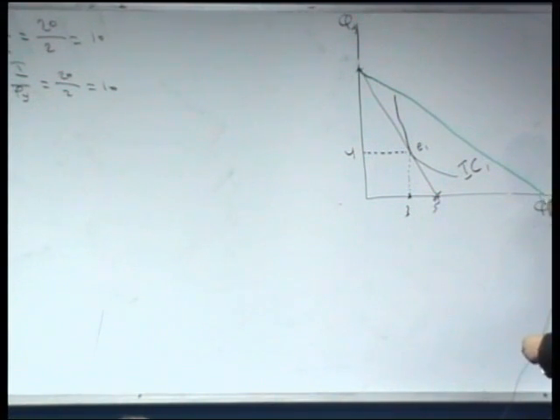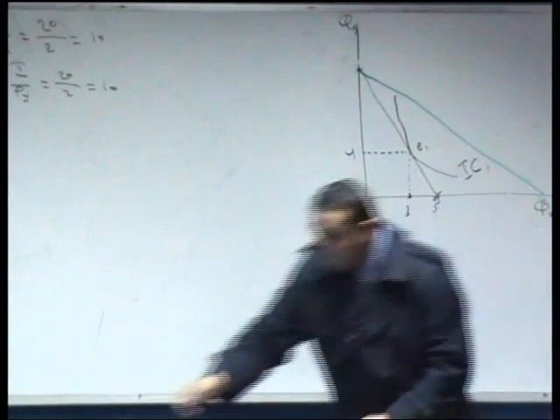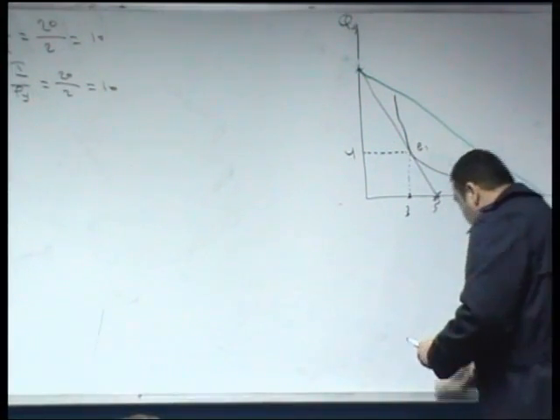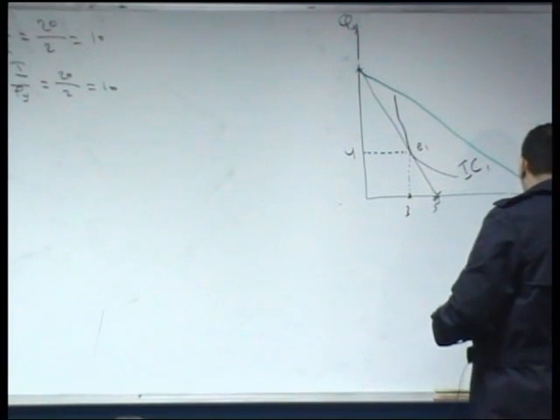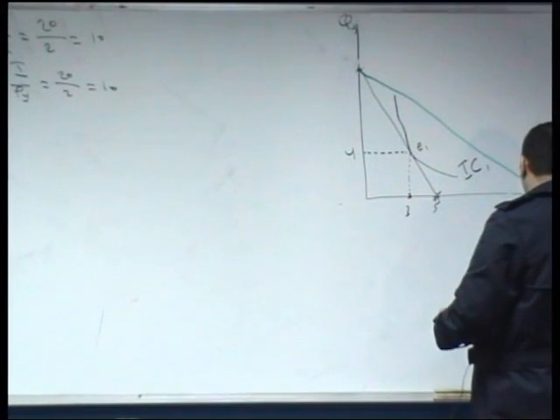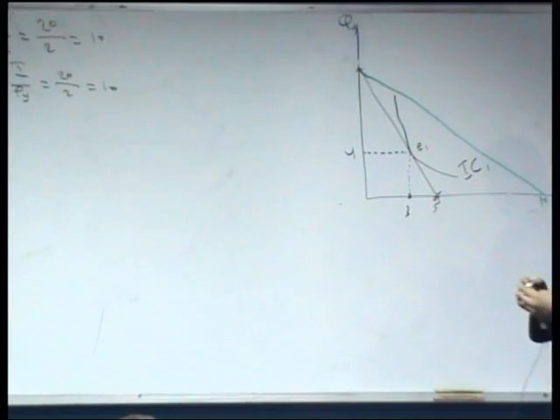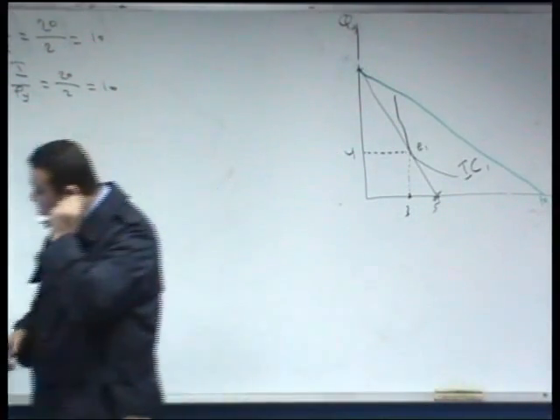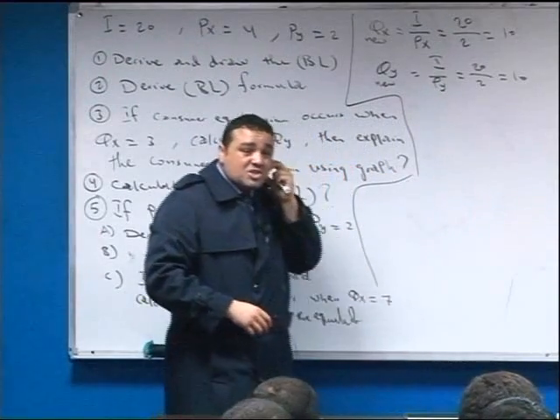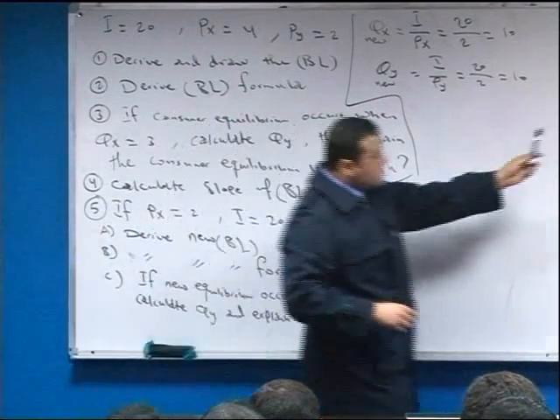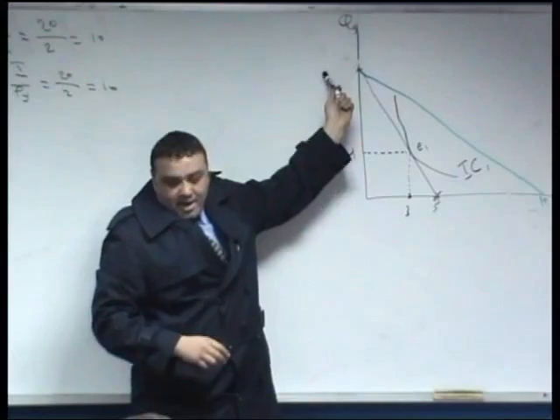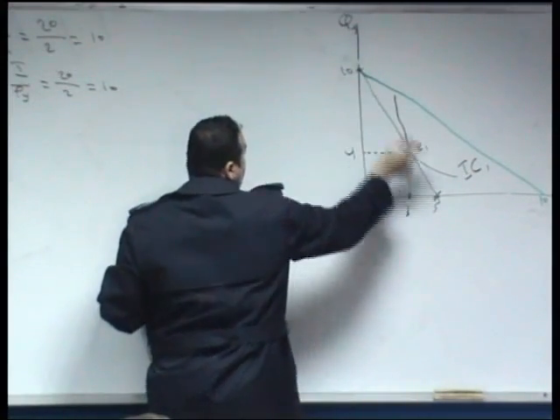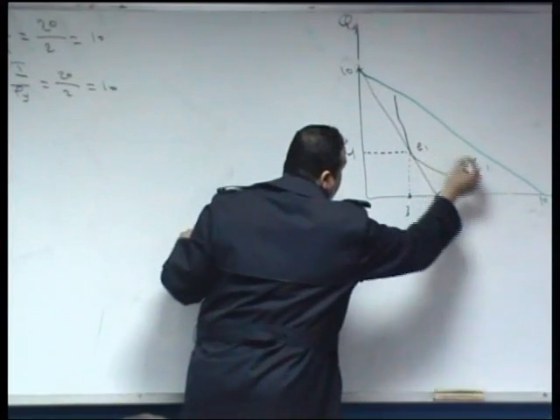Qx equals 10 here. This is Qx. And the question is, derive the new budget line formula. As you see, there is no change in Qy. It remains constant at 10. And the Qx increased to 10.